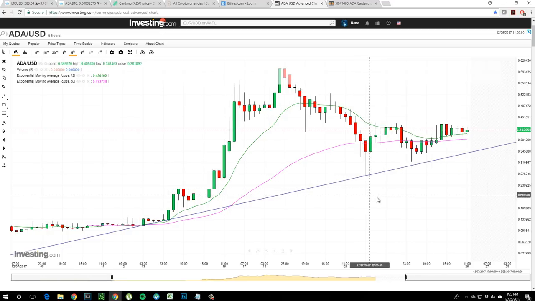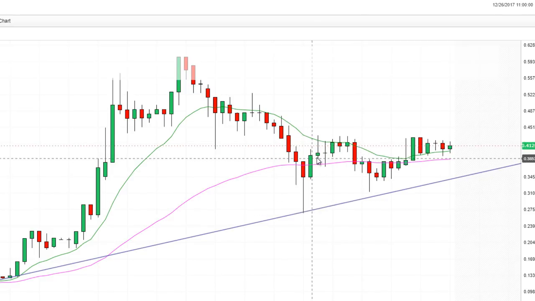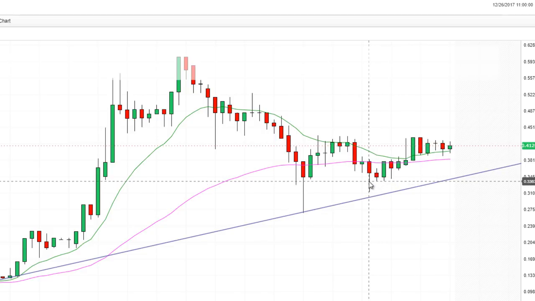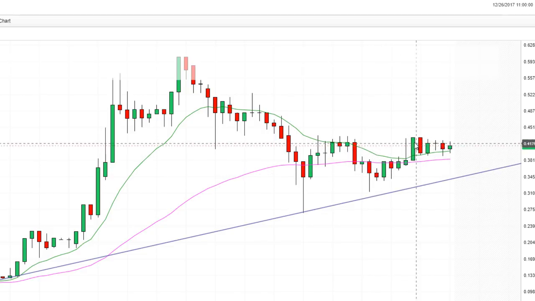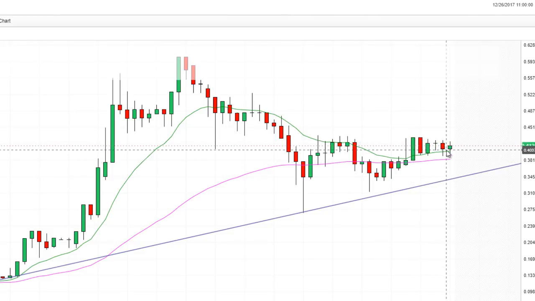It could go a lot further down, but instead it bounces. So it creates a new support line, and it bounces and it stays still in the consolidation area, and now it's seen as bullish because it's staying above the moving averages and the trend line.